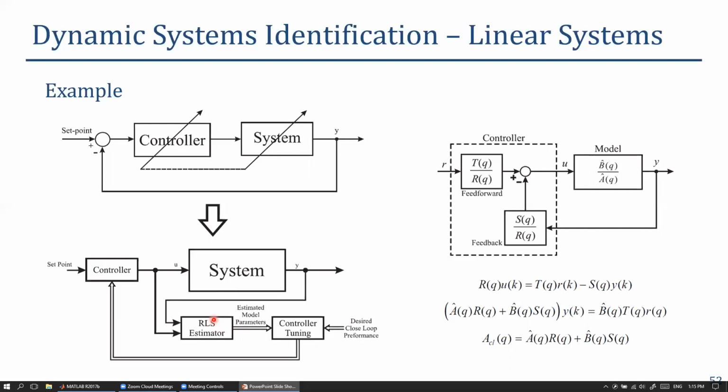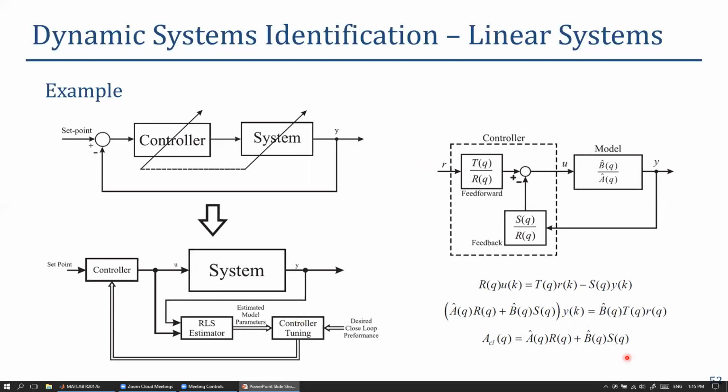And now, based on the model parameters, so basically based on the model, we have some tuning algorithm. In this case, this is called a pole placement tuning algorithm. And it is set up so that the controller parameters can be calculated when we have the model parameters.